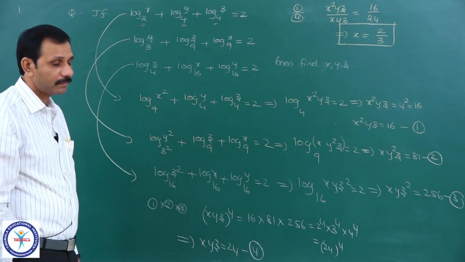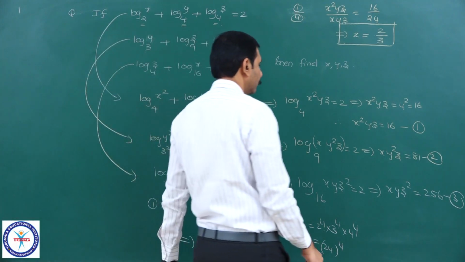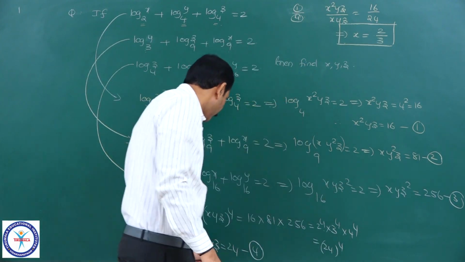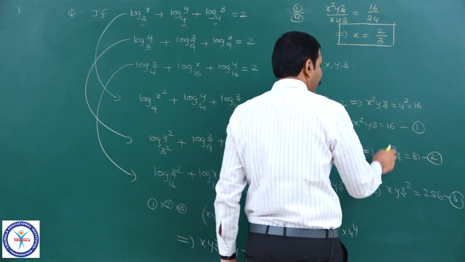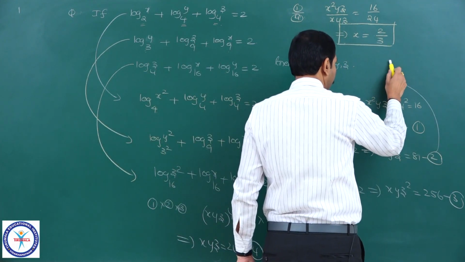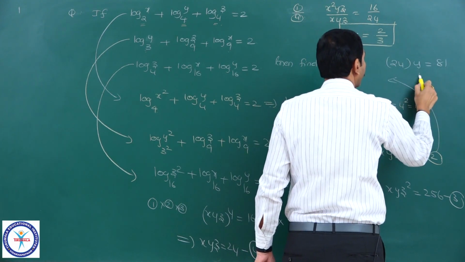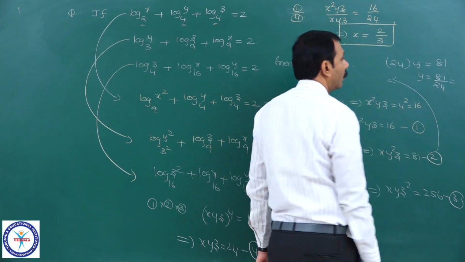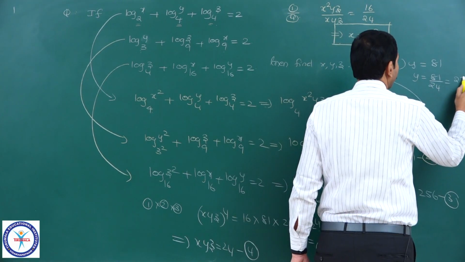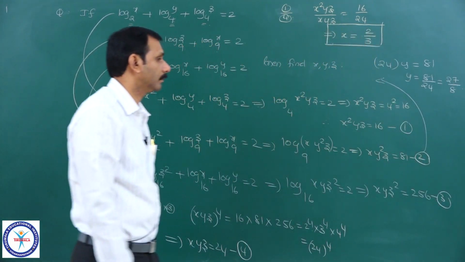For y, 2 by 4, or the xyz value 24, if you substitute here, 24 into y is equal to 81, y equal to 81 by 24, which is 27 by 8.